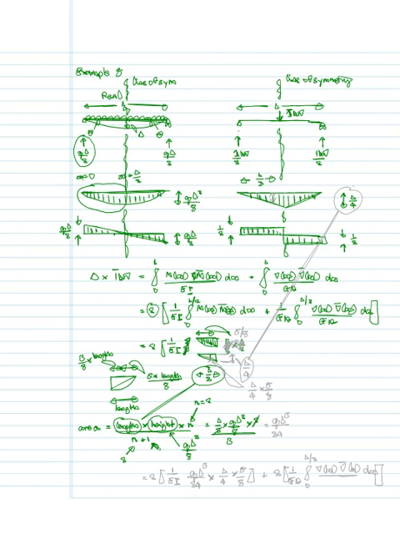So the 2's are going to cancel each other out, and QL³/24 is going to be the area of the parabola.